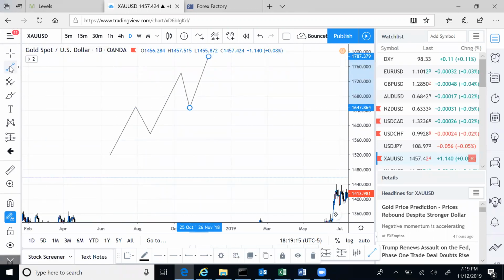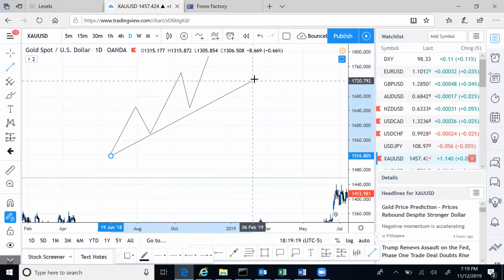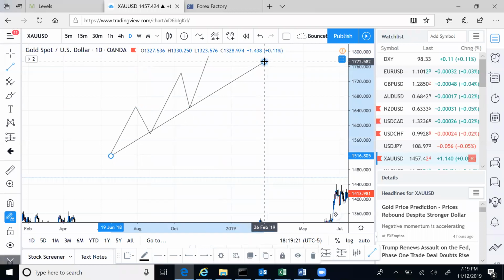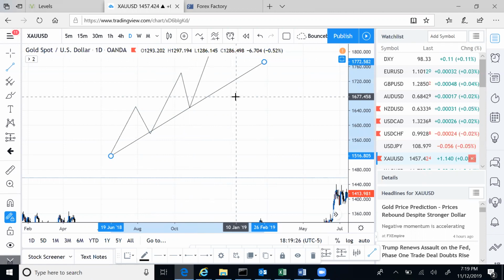Looking at this, draw your trend line, you would come from the bottom and bring it here. So basically, as the trade moves and creates higher lows, you would move your trend line to suit. So that's why it's dynamic.